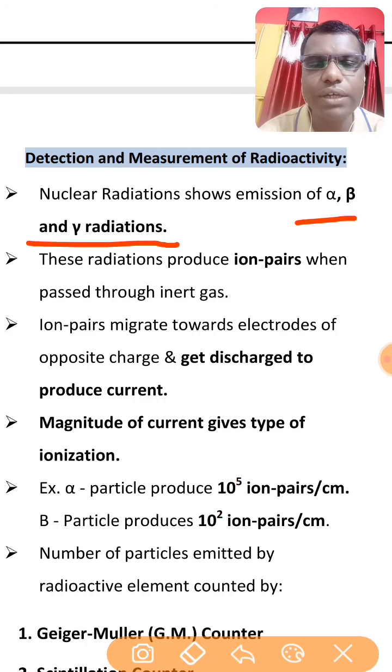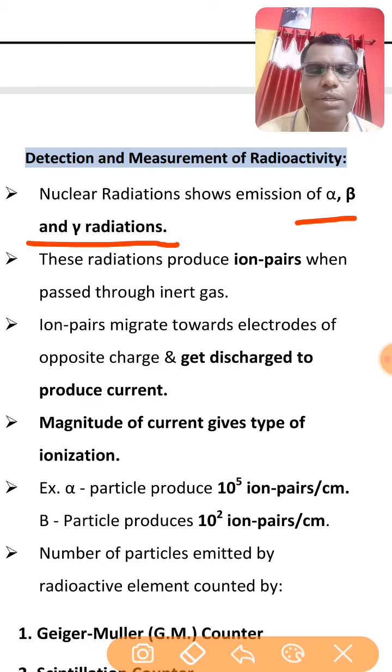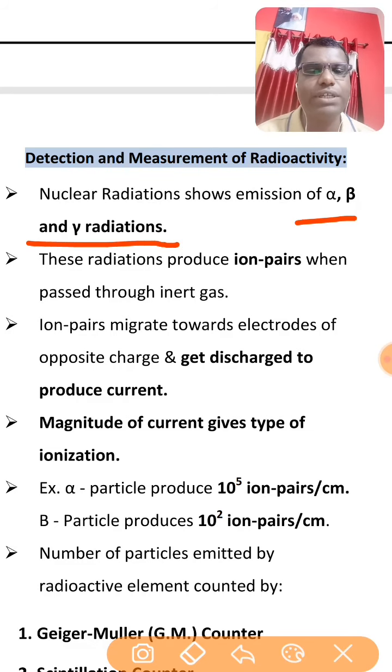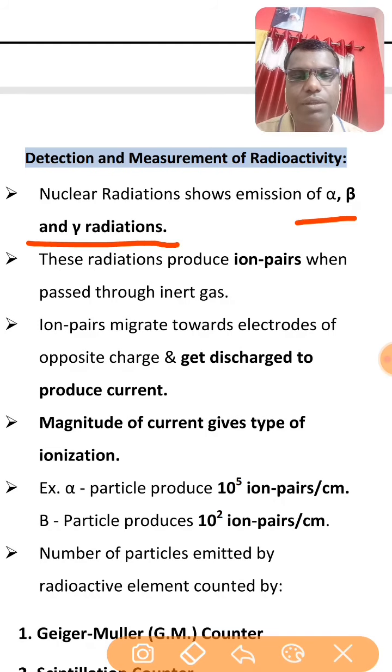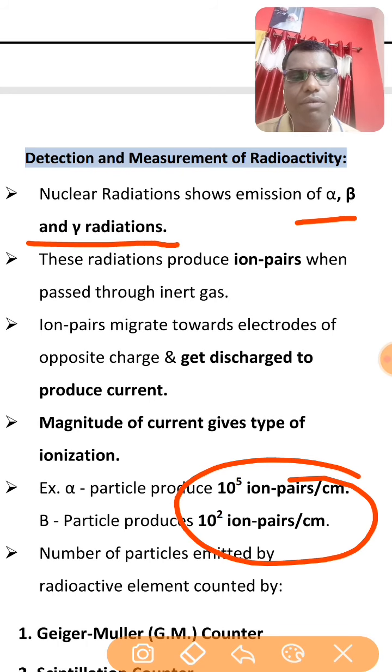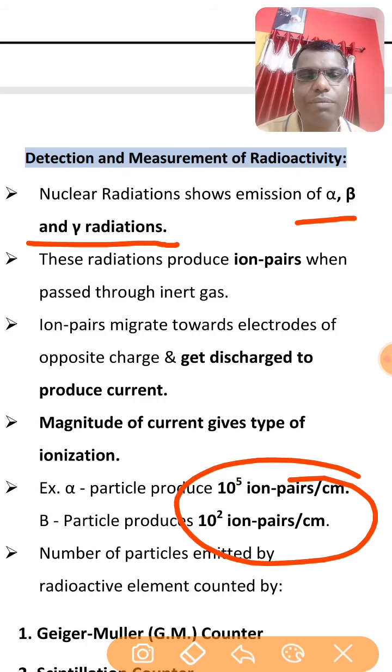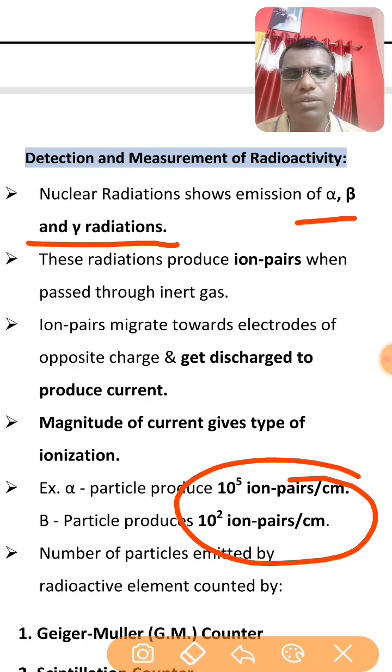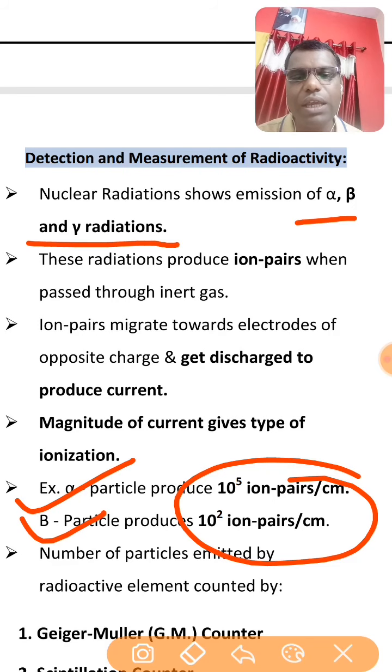It was observed that a particular alpha particle is able to produce around 10 raised to 5 ion pairs per centimeter, while beta radiation is able to produce only around 10 raised to 2 ion pairs per centimeter. So this number helps to distinguish the magnitude of the current, and from this value we will be able to distinguish the type of radiations emitted, because for alpha radiation it will be more, and for beta it will be smaller.